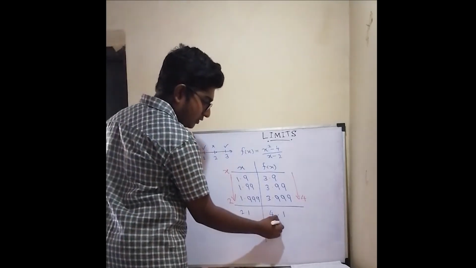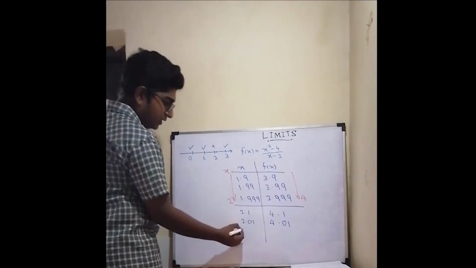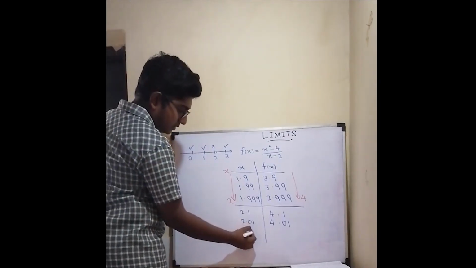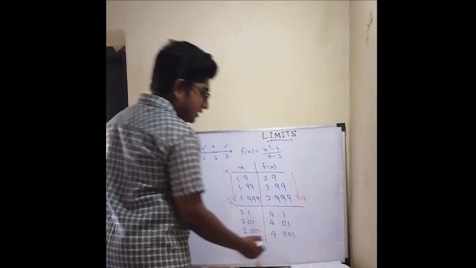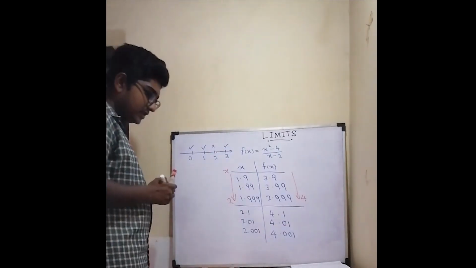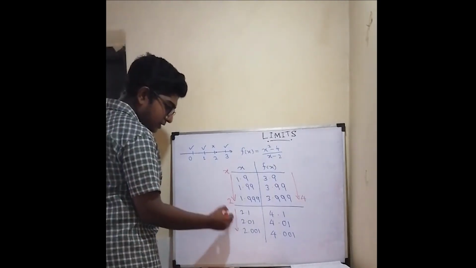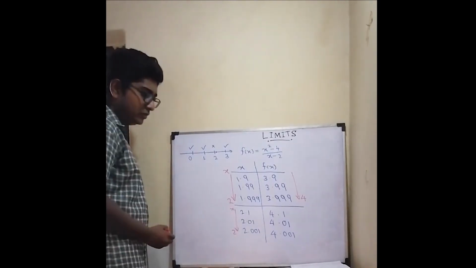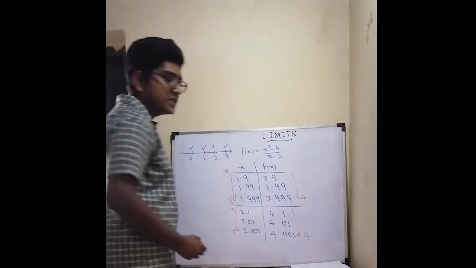Then it becomes 4.01. Then going even closer, 2.001, it becomes 4.001. Here also you can see the same pattern. What is the pattern? When I approach towards 2, my function value approaches 4.